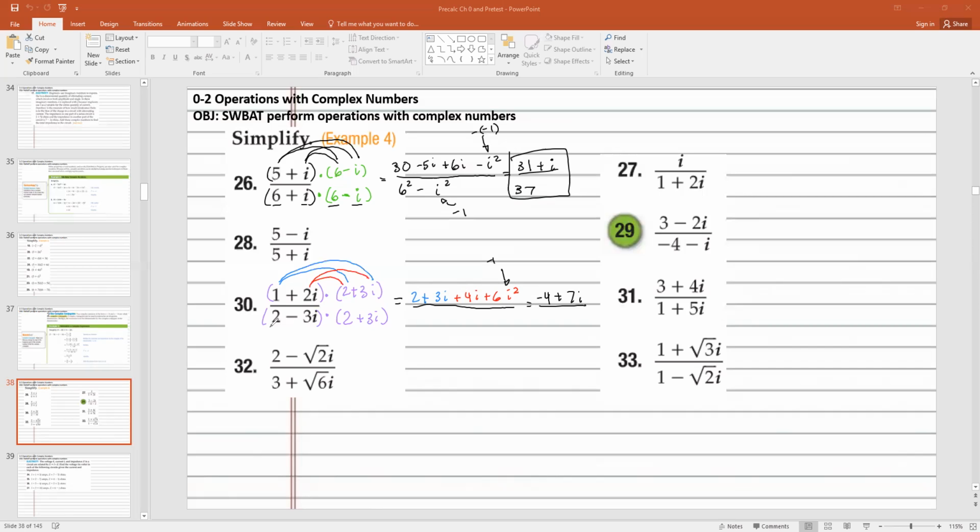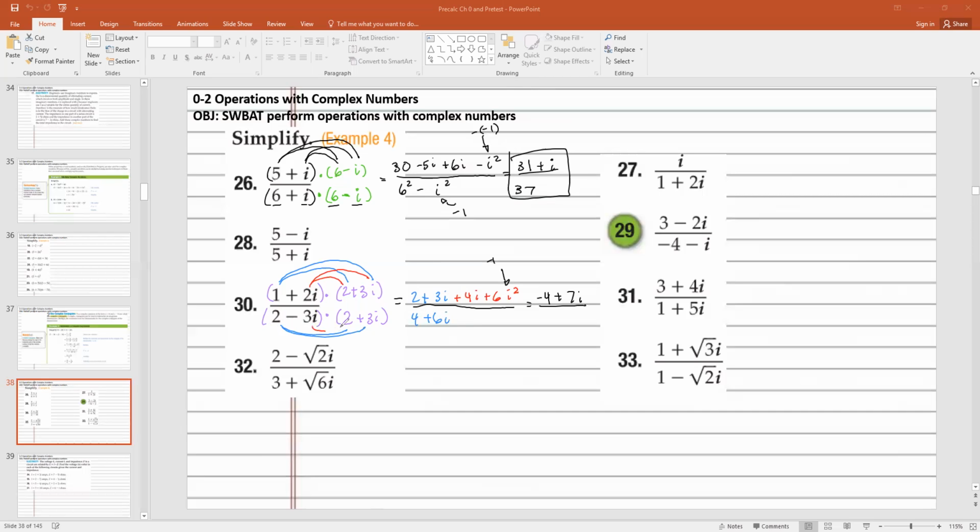Now for the denominator, I said I was going to do the whole thing for this one. All you need to do is the first one squared minus the second one squared. But I'm going to show you the longer way. 2 times 2 is 4. 2 times 3i is 6i.